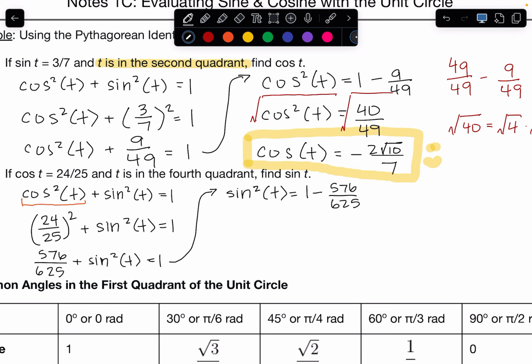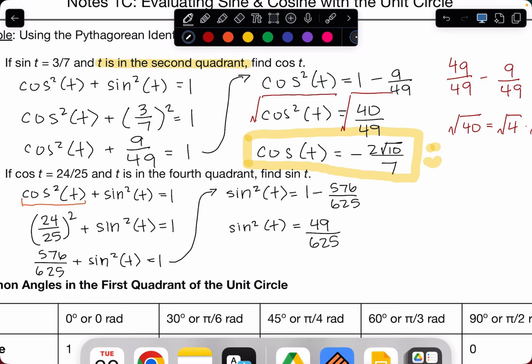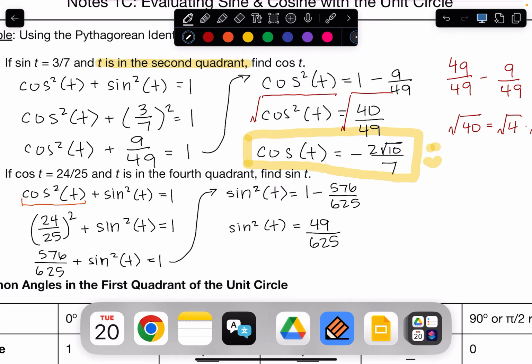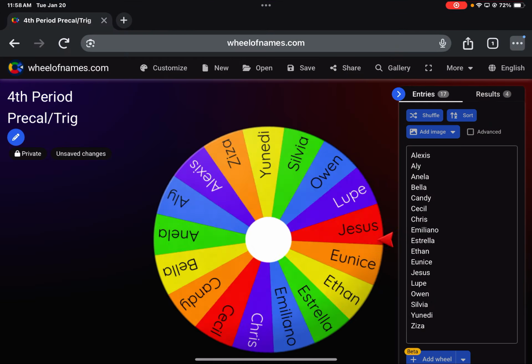And I know when I do that subtraction, the 1 is going to become 625 over 625. So we get sine squared t equals, and 625 minus 576 is 49 over 625. I get some nodding. Perfect. And then we go back. We pick on someone else.